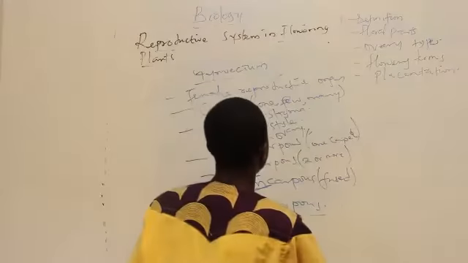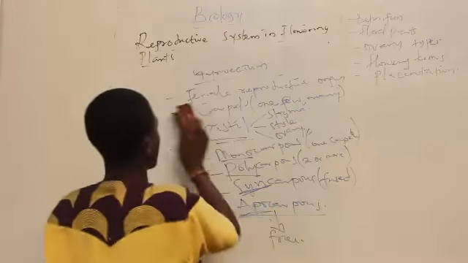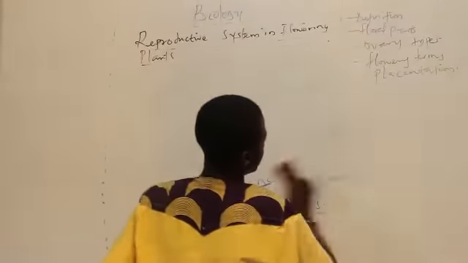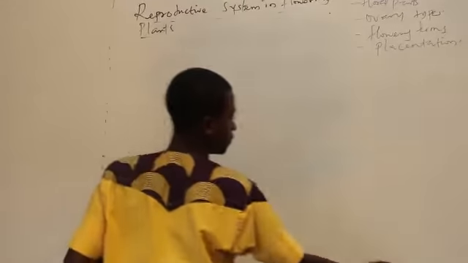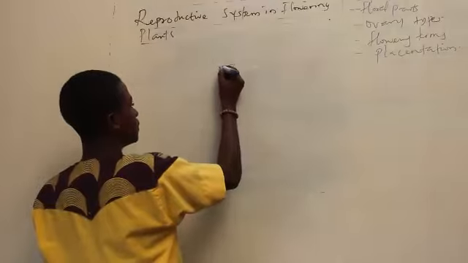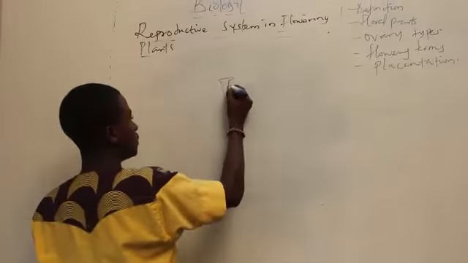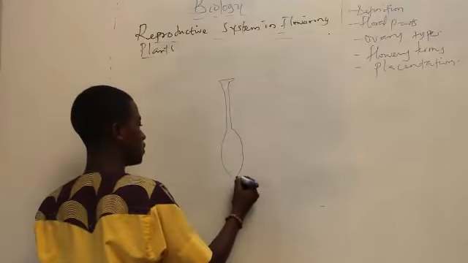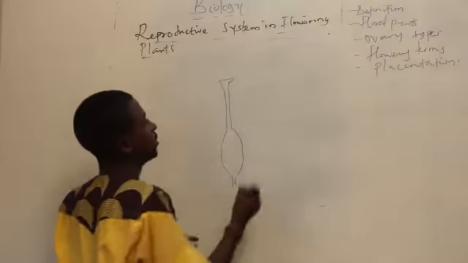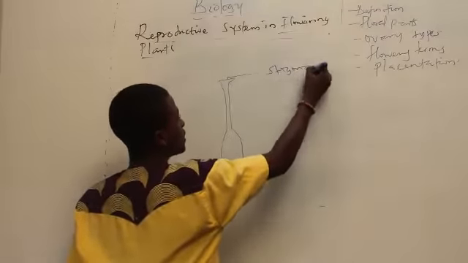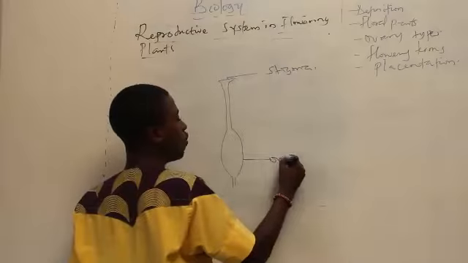Let me quickly show you the structure. Okay, now this particular edge here is the stigma, and here we have the ovary.